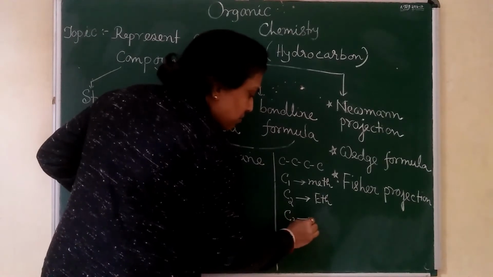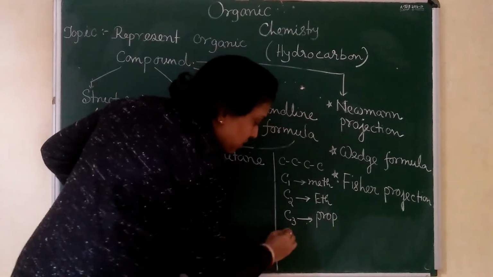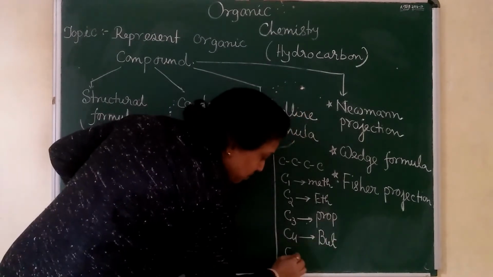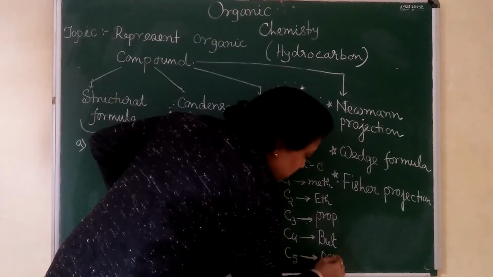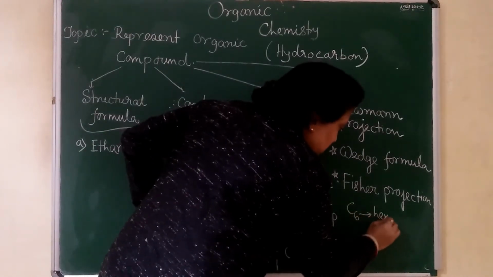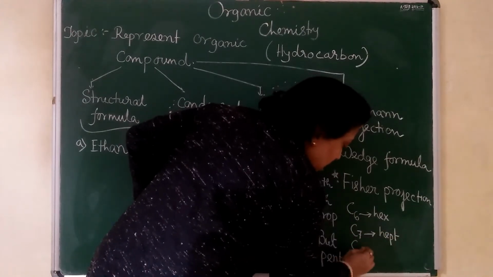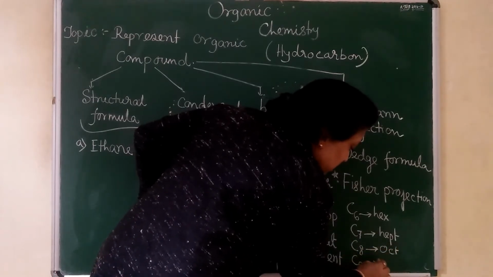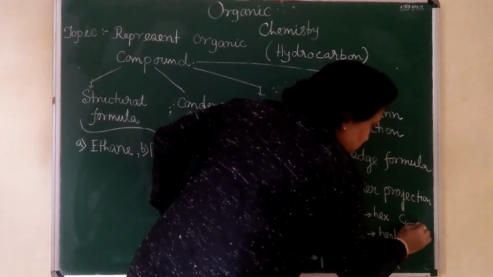If 3 carbons are in the chain, it is prop. 4 carbons, but. 5 carbons in the chain, it is called pent. 6 carbons, hex. 7 carbons, hept. 8 carbons, oct. 9 carbons, non. And 10 carbons, dec.